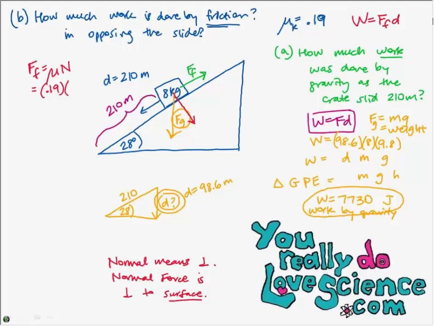The weight causes the block to push on the surface, which is the normal force, and the weight also causes the block to want to slide down the surface, and I call that the parallel force because it's parallel to the surface. So there are two components to the weight of the block, and the normal force is the one we need when we're dealing with friction. So let's calculate the normal force.